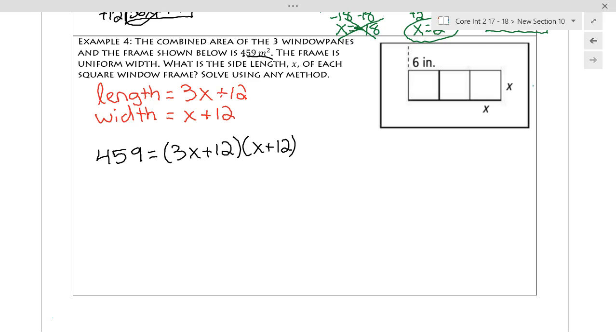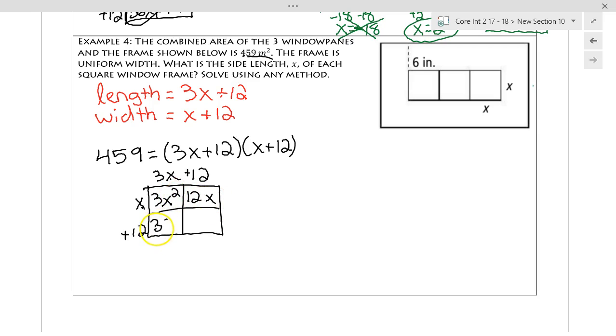I'm going to multiply those together. X times 3x is 3x squared, x times 12 is 12x, 36x, 144.